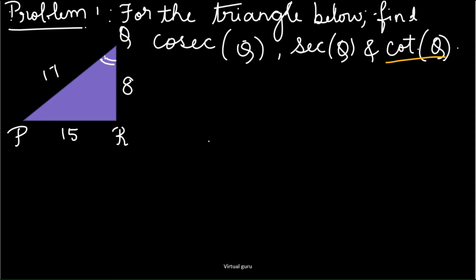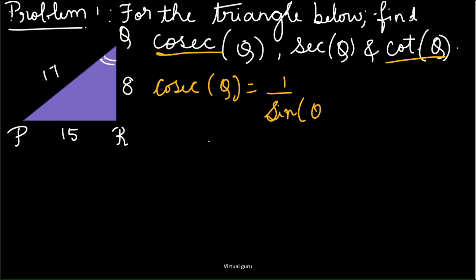Take the first question, that is we have to find the cosecant of Q. Cosecant of Q is nothing but the reciprocal of sine of Q. So if sine is opposite by hypotenuse, then cosecant will be hypotenuse by opposite.